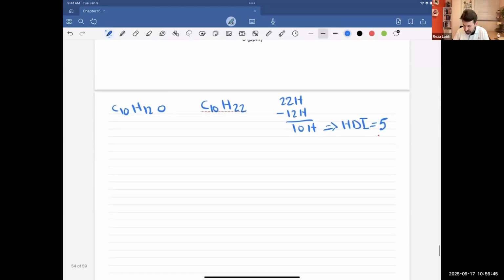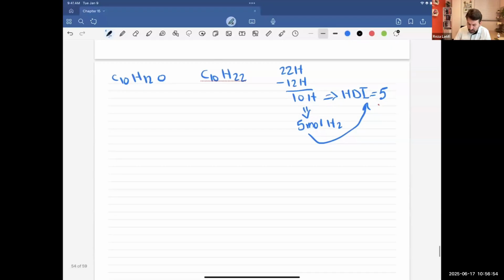You can say this is 5 moles of H2. Now this can be maybe 5 pi bonds, or maybe 4 pi bonds plus 1 ring, and you can keep playing with this ratio until you get a hydrogen deficiency index equal to 5. Which one is right?